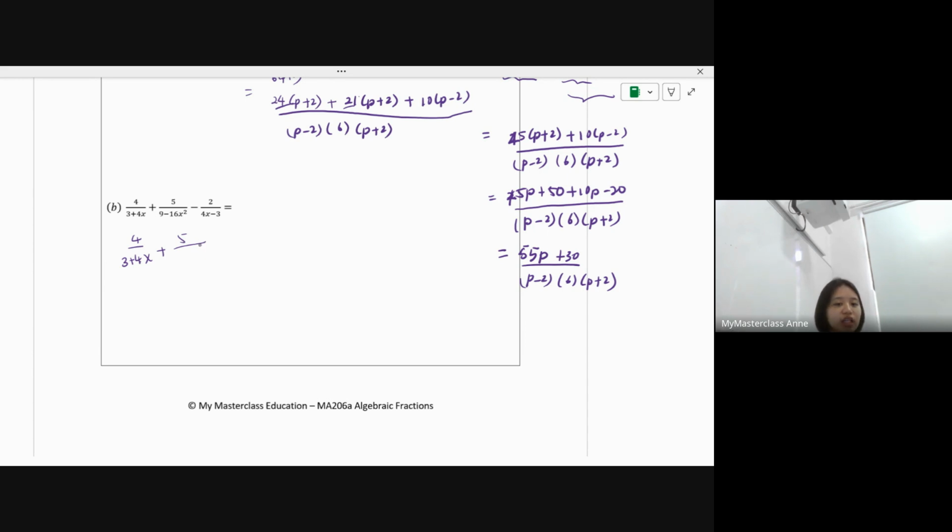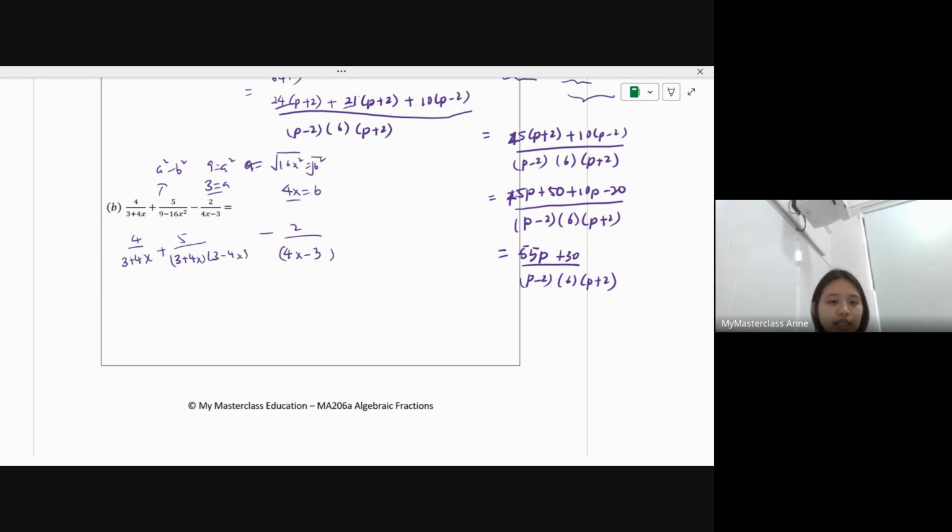Again it's an a squared minus b squared. 9 equals a squared, so a equals 3. 16x squared equals b squared, so 4x equals b. So 3 and 4x: (3 plus 4x)(3 minus 4x), minus 2 over 4x minus 3.